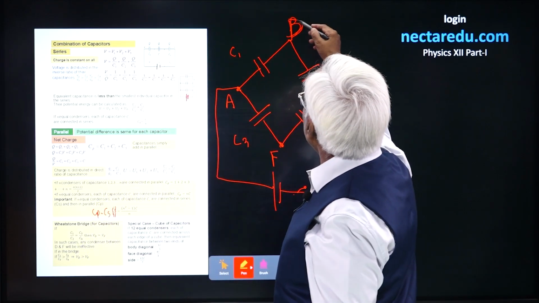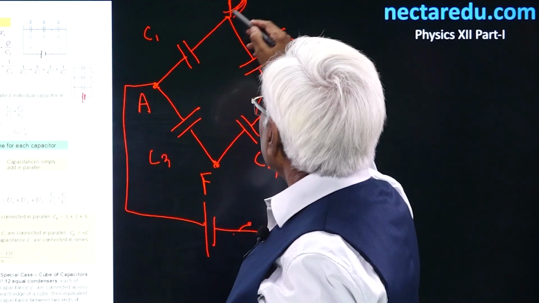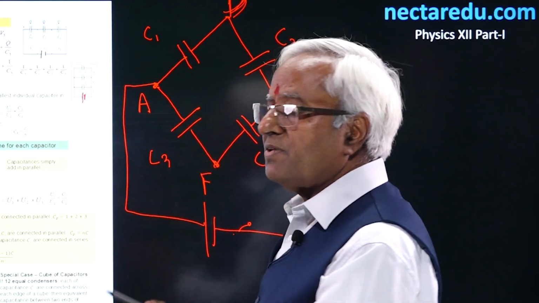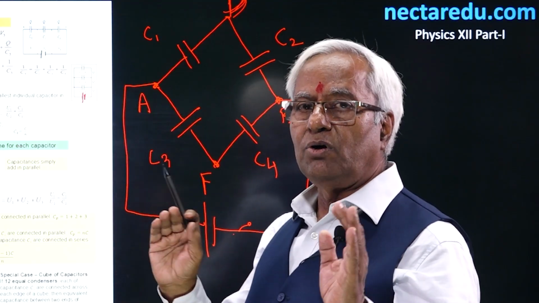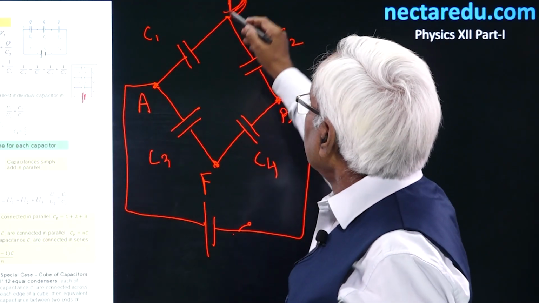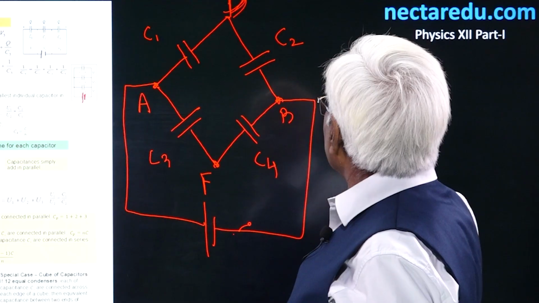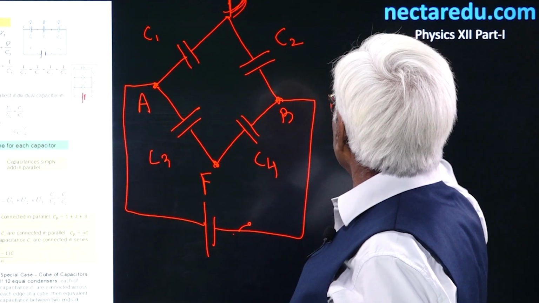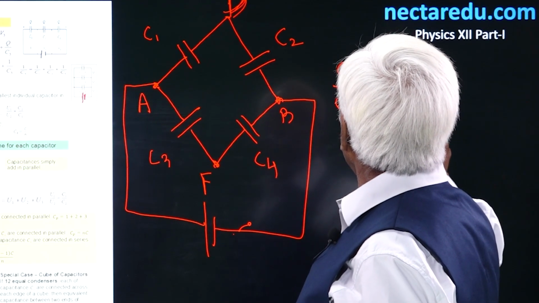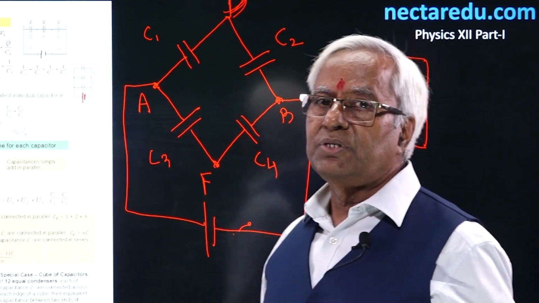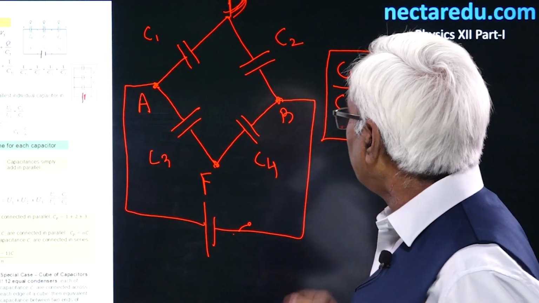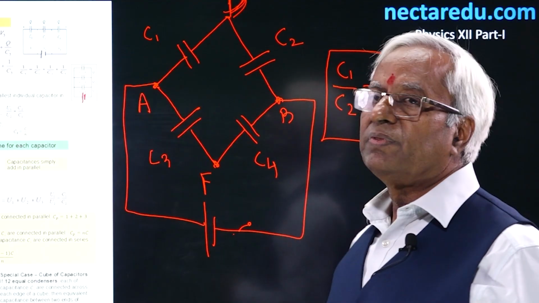This whole set will be known as a balanced Wheatstone bridge only when one special condition is followed: C1 by C2 is equal to C3 upon C4.